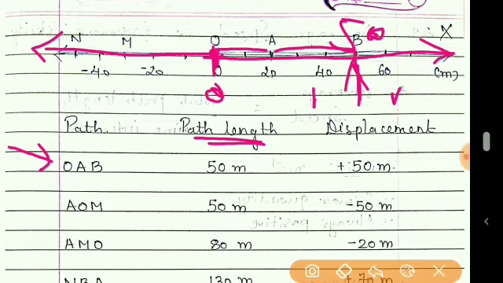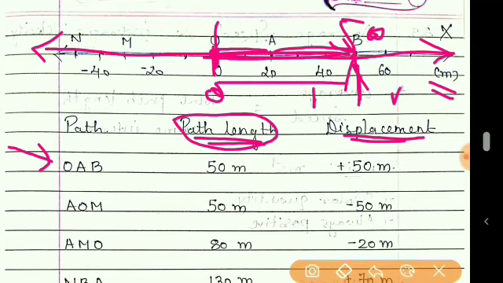So in that case the path length is 50 meter, because here we have considered meter as a unit of distance. So path length is 50 from O to B. But what is displacement? So as the object is moved along the positive x direction from O to B, the displacement will be positive, and so it is plus 50.